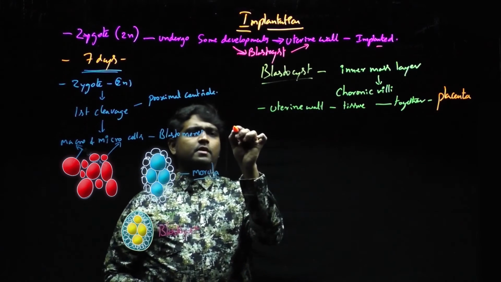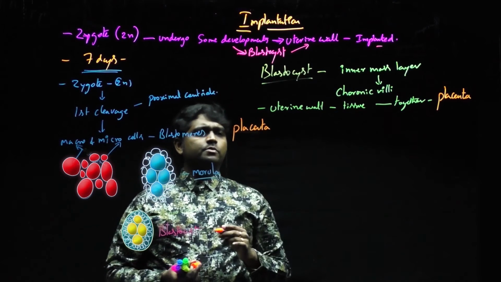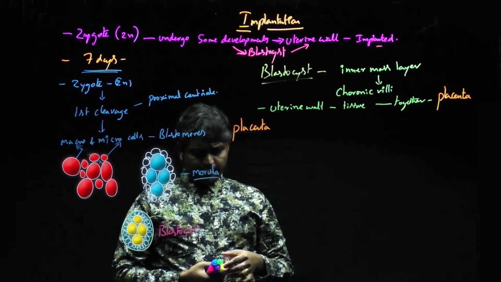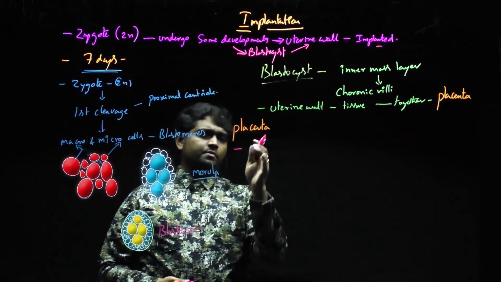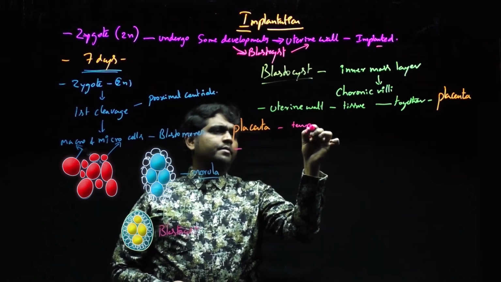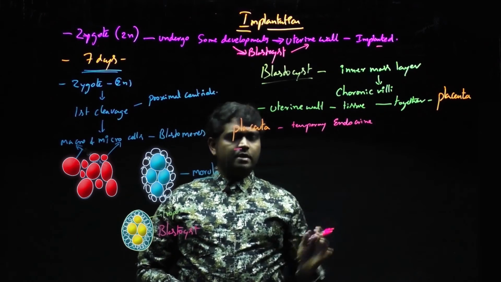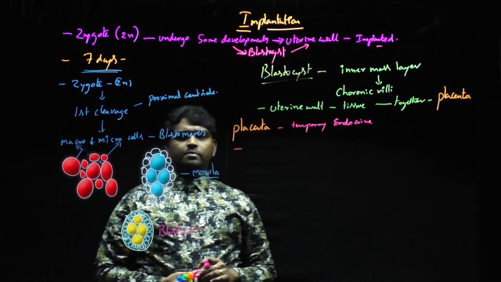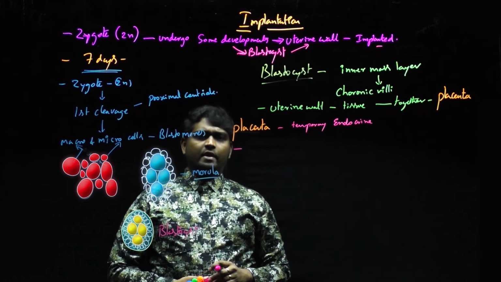The placenta is a very important structure which helps to develop the embryo. The placenta is a temporary endocrine structure. In the female reproductive system there are two important temporary endocrine glands.